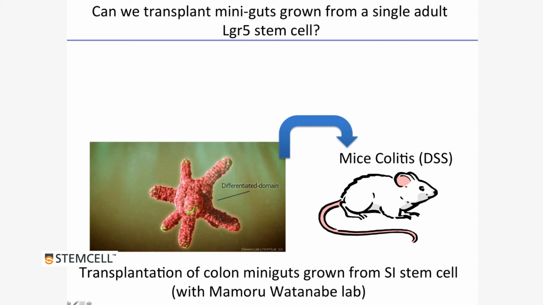Toshisato in the lab grew these intestinal organoids, and for that we utilized a red mouse. So we generated red intestinal organoids that were transplanted into mice with enterocolitis, which of course were not red.